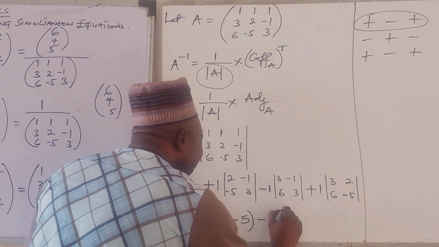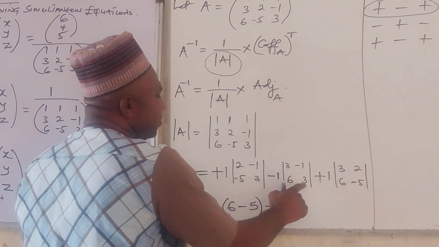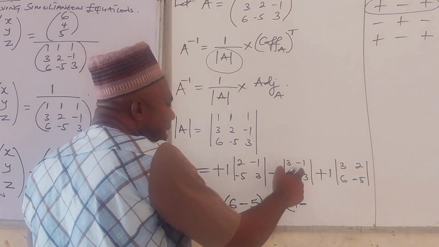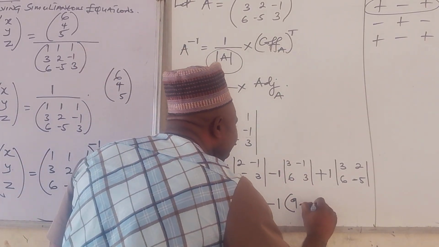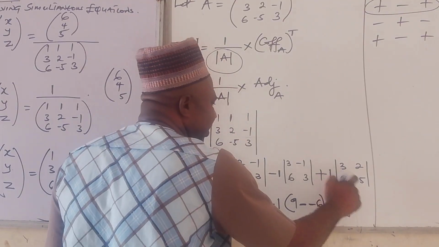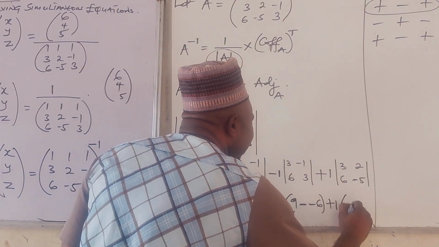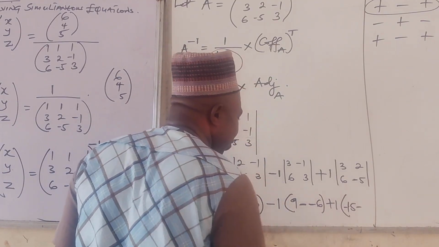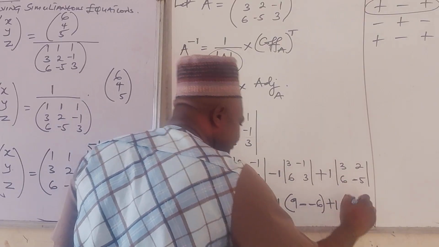Minus 1 in brackets. 3 times 3 is 9. Minus 1 times 6 is minus 6. Then here we have plus 1. 3 times minus 5 is minus 15. Take notes. And 2 times 6 is 12.